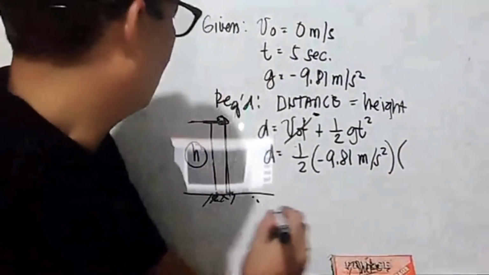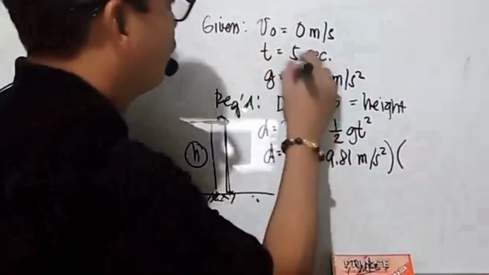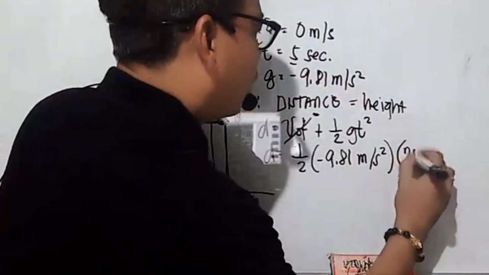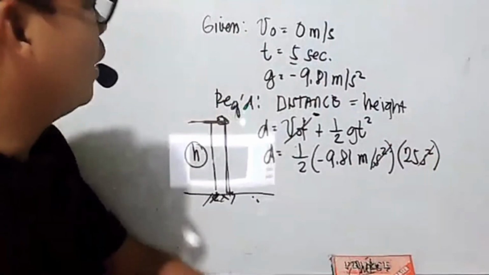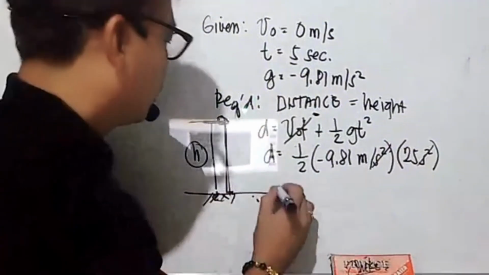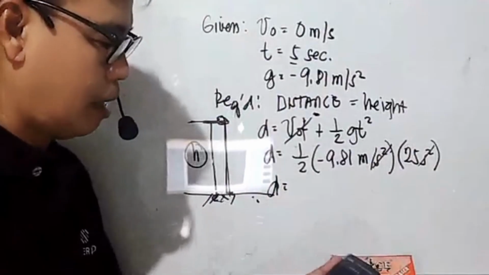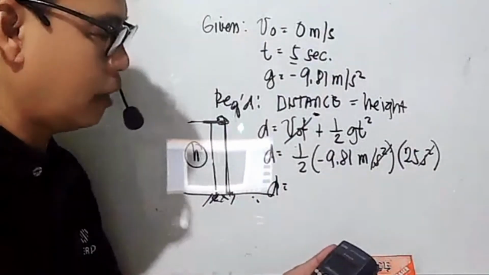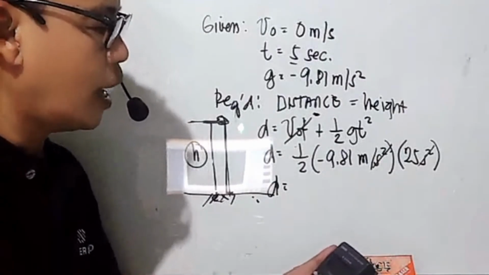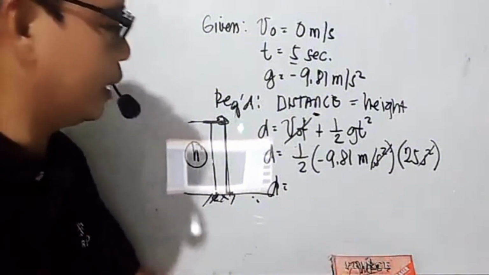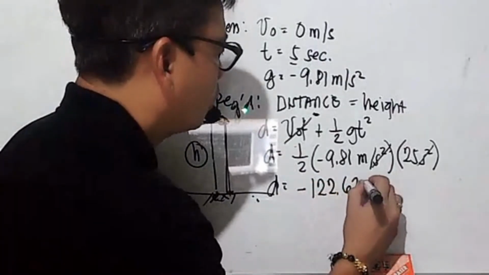Your time is 5 seconds, so I'll be squaring 5 for the unit analysis. 5 squared is 25 seconds squared. Seconds and seconds will cancel, so you're left with meters. So your D is equal to negative 9.81 multiplied by 25, multiplied by 1/2 or 0.5, which is negative 122.62 meters.